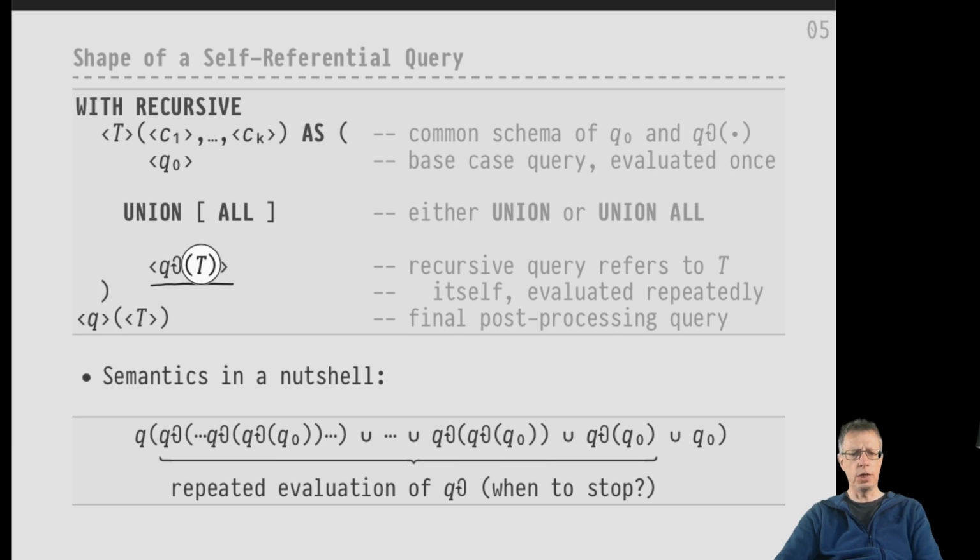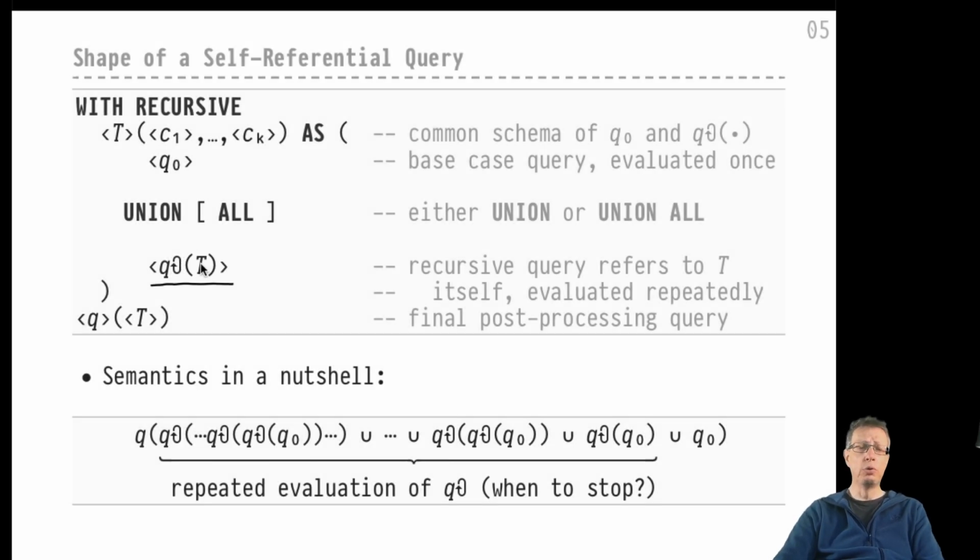Q recursive may refer to any table in the database, of course, but it may also refer to the contents of table T. What exactly it will find there, we will explain in a minute, but this is the self-referential part here.